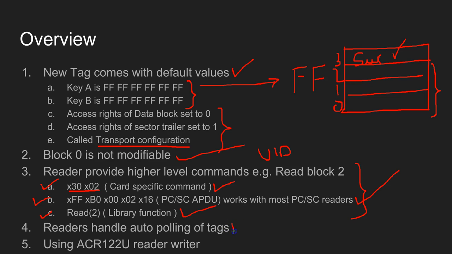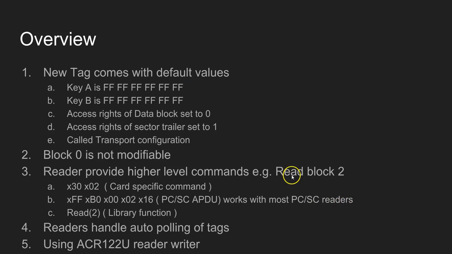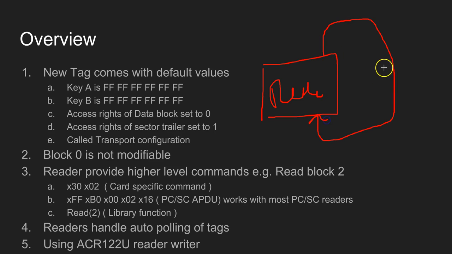One of the good reasons for using a good PCSC reader is that the reader handles the auto polling of the tags. Auto polling means your reader will be looking for the RFID signal. If this is your reader, most readers will be in an infinite loop looking for any new tag that enters its RF field. This is called auto polling.